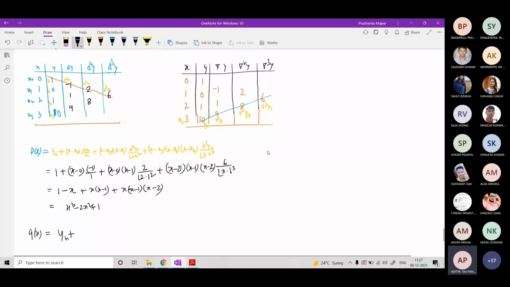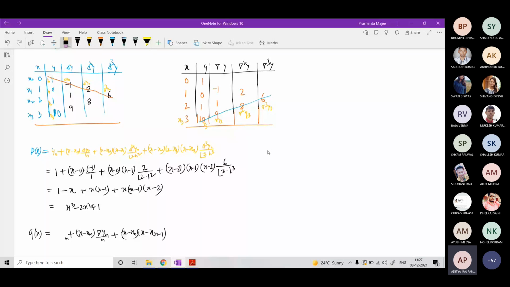So first you write down the formula. (x minus xn) into nabla yn by h plus (x minus xn)(x minus xn minus 1). So here n is 3. So let me write down in terms of 3, otherwise you will get confused. Here the last data point is x3, y3.